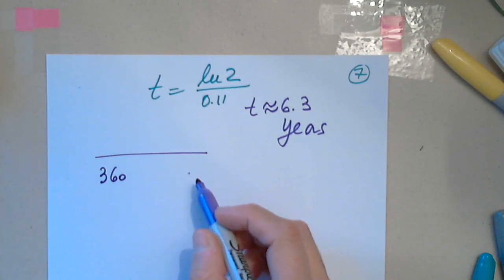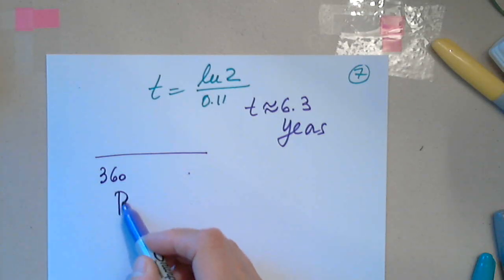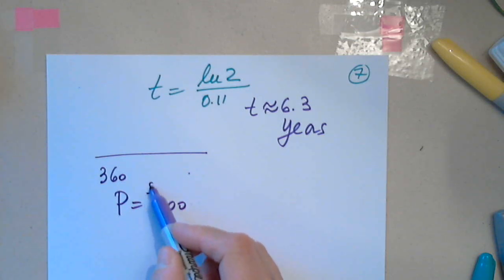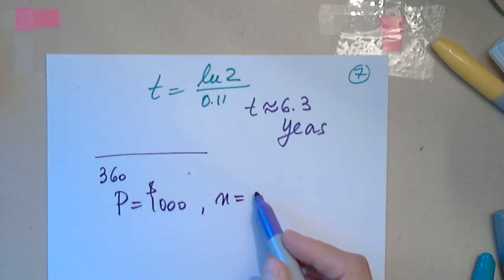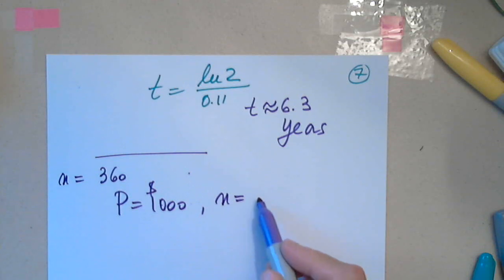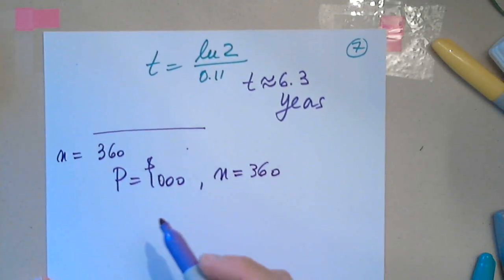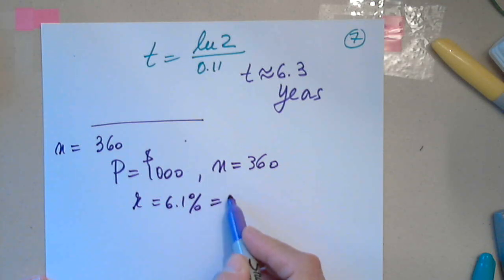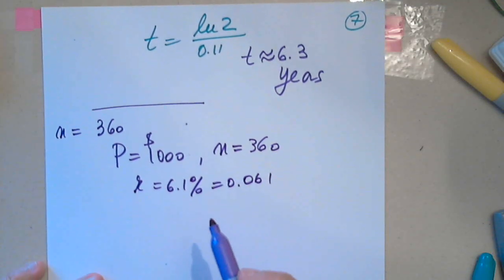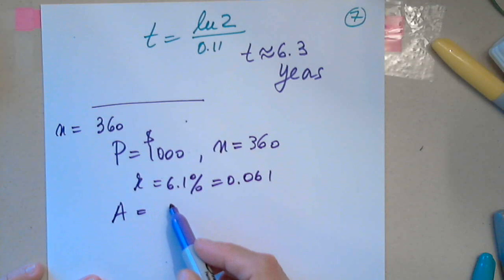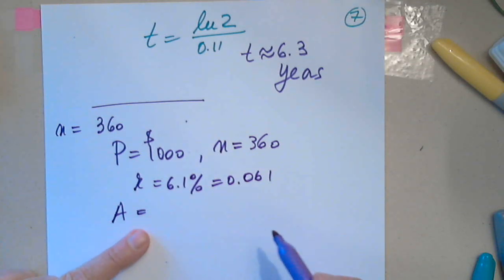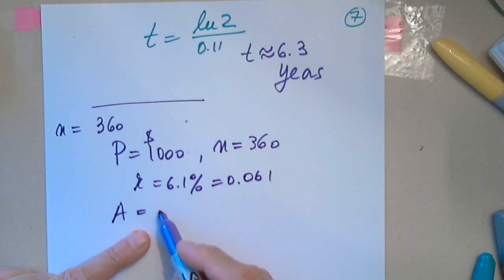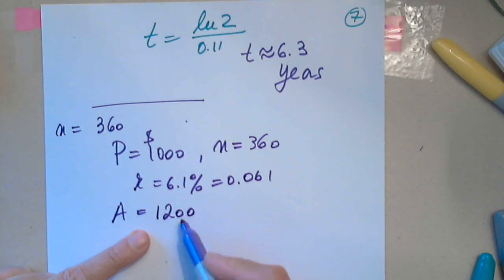It says amount invested is $1,000. The number of compounding periods is 360. The annual interest rate is 6.1, and the accumulated amount is 1,200, and it wants us to solve for the time it takes to get there, for T.